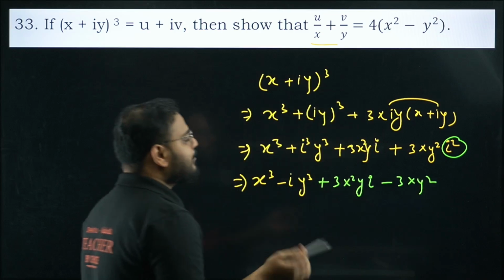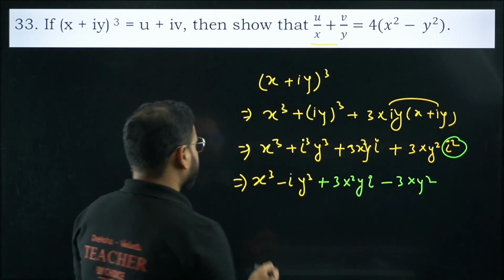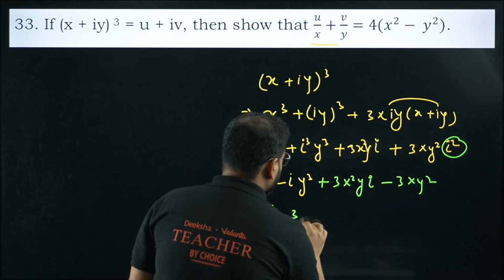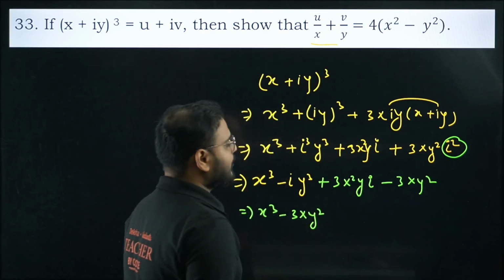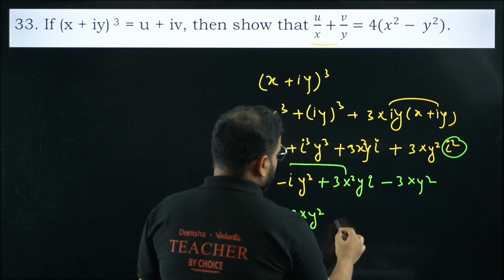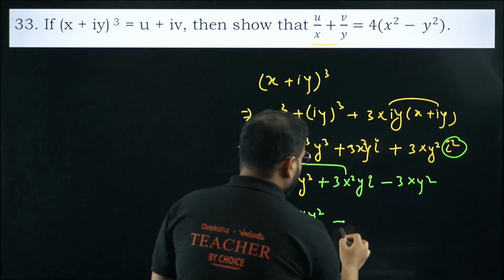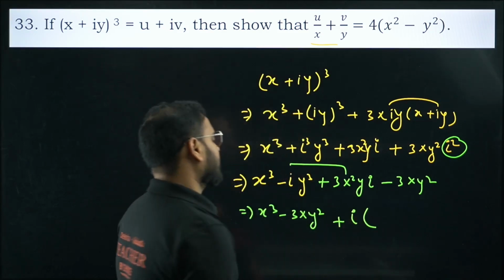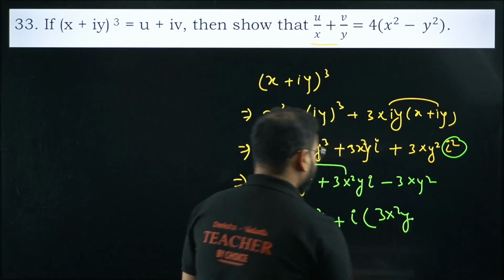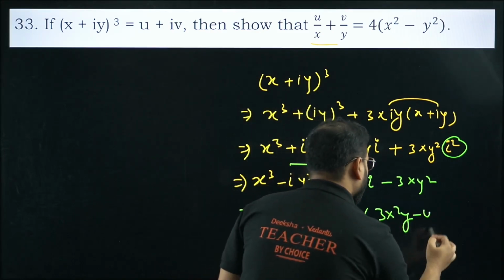Let's do one thing, real parts together and imaginary parts together. What I get? x cube minus 3xy square. And I get here minus i y cube, I want plus, right? So let's do one thing, plus i I can take common. It will become 3x square y minus y cube.